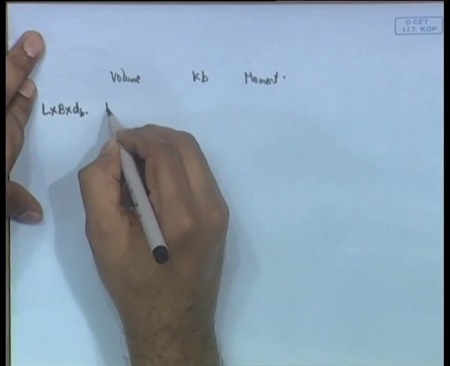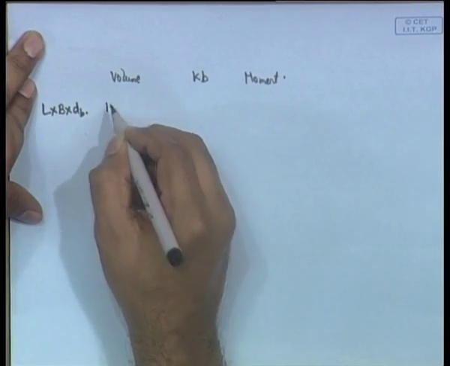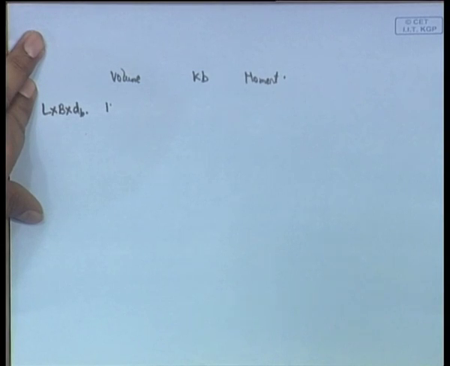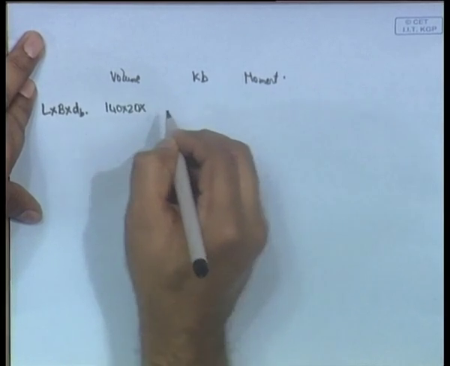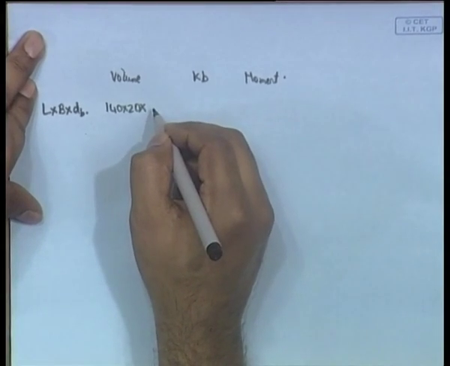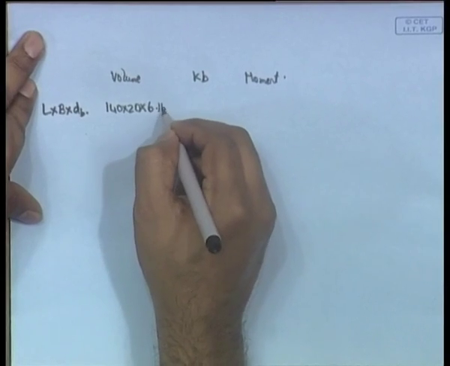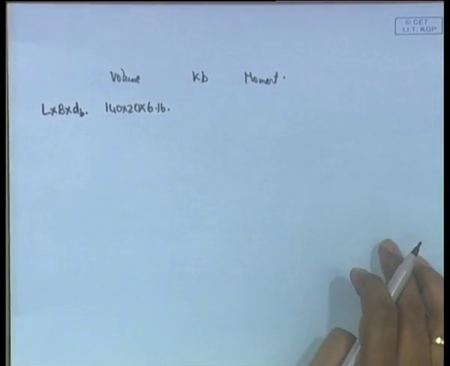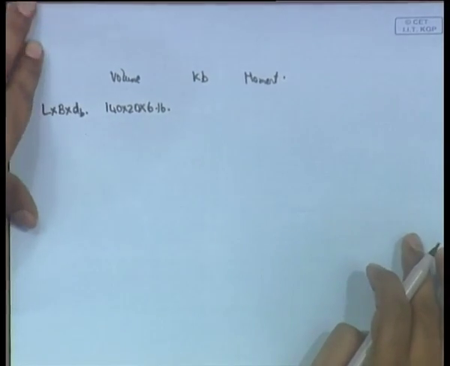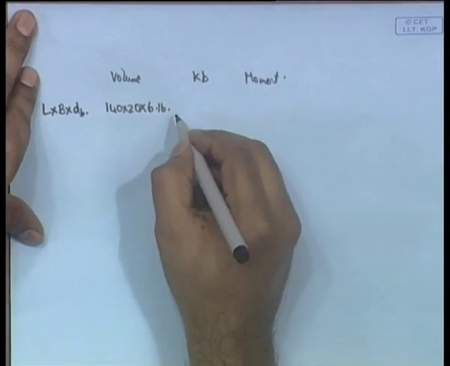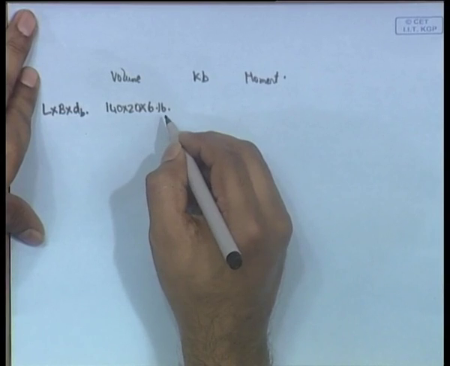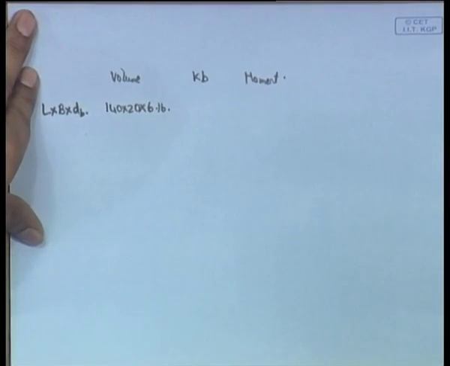So, what is L? L is 140 into 20 into dB. We have calculated dB as 6.16. So, this gives you the initial volume of the ship.